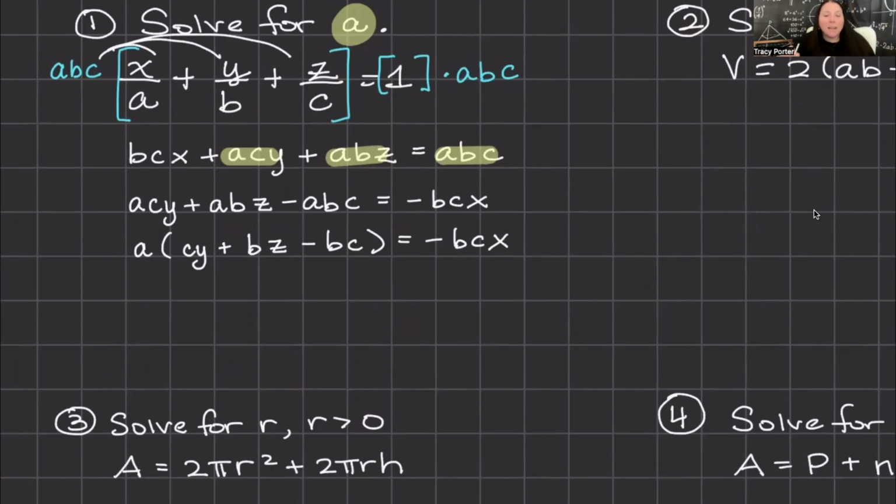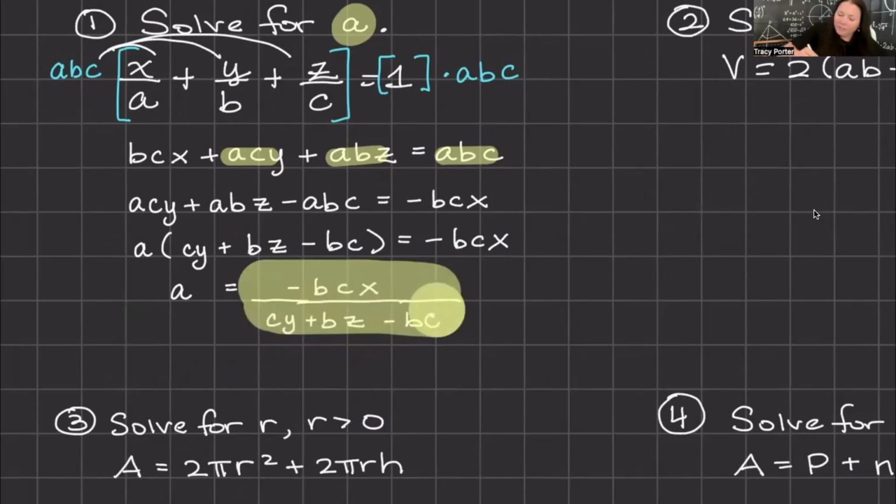So the last step now is to divide everything by what's in the parentheses, and you will have solved for A. So your final answer would look like that, CY plus BZ minus BC in the denominator. And also just make sure that you're aware that sometimes if there's a negative up here, it's common to rewrite the whole fraction and you can arrange the terms, but we'll do that in a later problem. So for right now, we'll just say this would be our final answer.